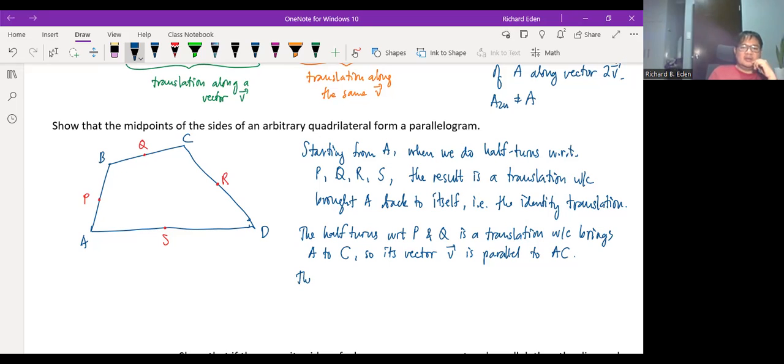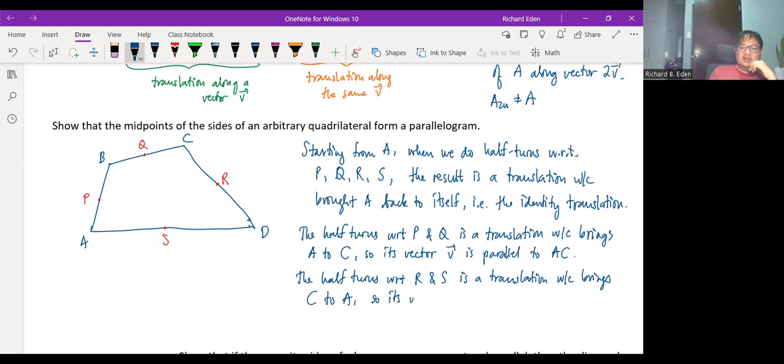But then the half turns with respect to R and S is also a translation which brings, so kasi mangyayari nung A napunta sa B and then to C. And then when you do the last translations, C will be brought to D and then D brought back to A. So the half turns with respect to the last two centers R and S is a translation which brings C to A.